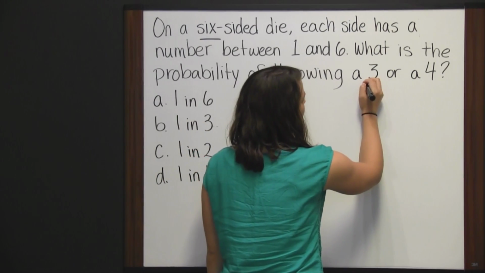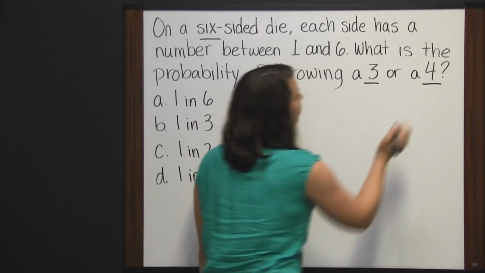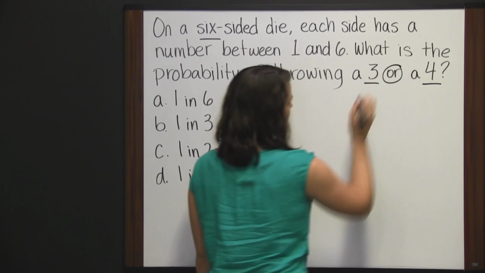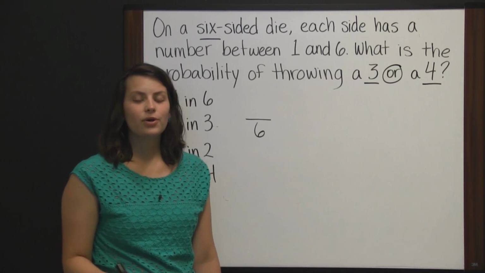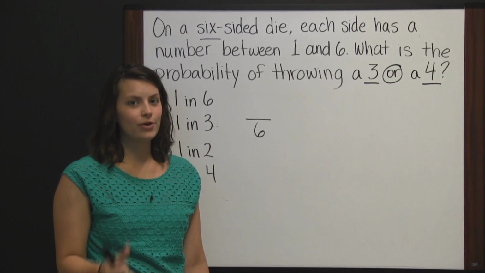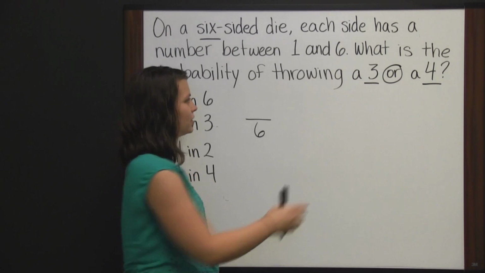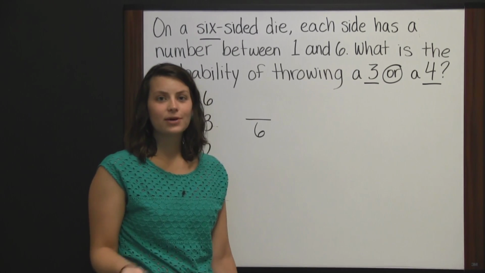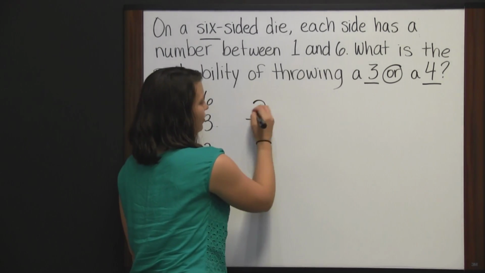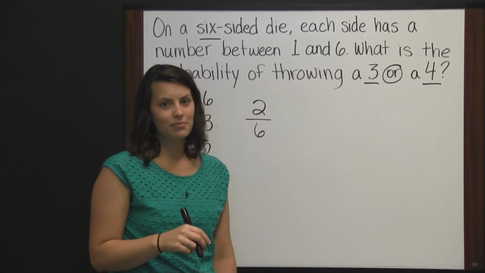We want to know what the probability of throwing a 3 or, and that is a key word, 3 or a 4. So if it lands on either one of those, we're good. So that's 2 different numbers that we could land on out of our 6 different numbers.